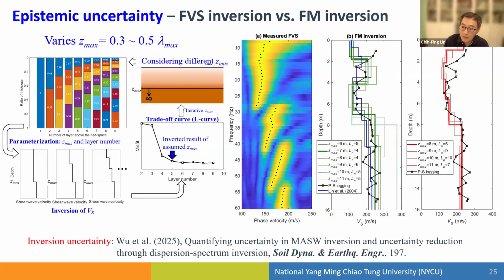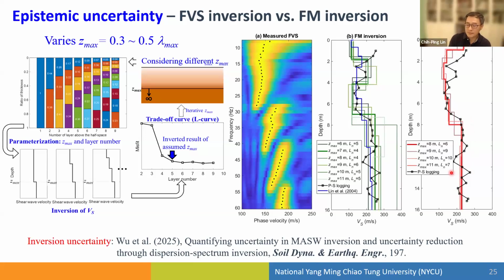But if we do FVS inversion with different assumptions, all the profiles are stacked almost on top of each other, with very small variation. So the FVS gives you a very strong constraint, and you end up with pretty much a similar profile. It is much less sensitive to expert choice when it comes to inversion.